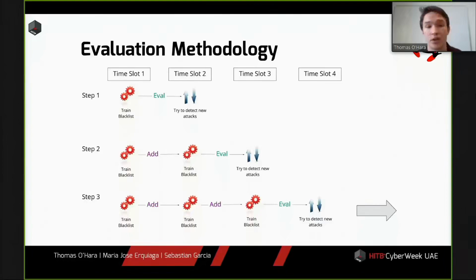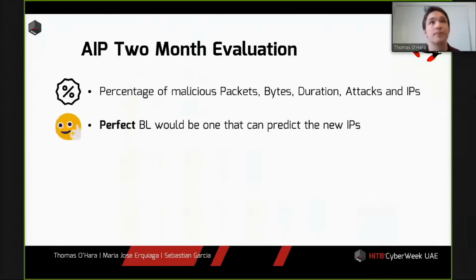This is the methodology that we use to evaluate our own blacklisting methodology, the attacker IP prioritizer. So we performed a 2-month evaluation on our algorithm, and we calculated the percentage of malicious packets, bytes, duration, attacks and IPs that were stopped by our blacklist consecutively.